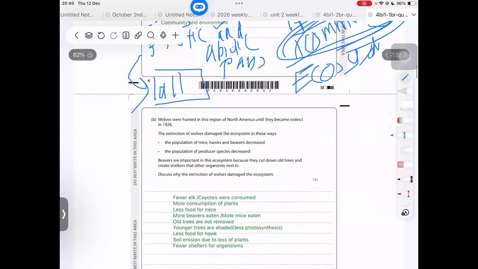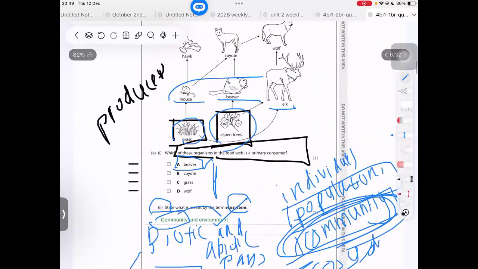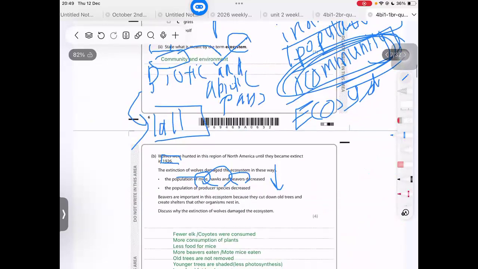Now, B1, they are saying that wolves were hunted in the region of North America until they became extinct in 1926. So they are saying that the extinction of wolves damaged the ecosystem in these ways. The population of mice, hawks, beavers had decreased, and the population of producer species, that means the grass and the aspen trees, also have decreased.